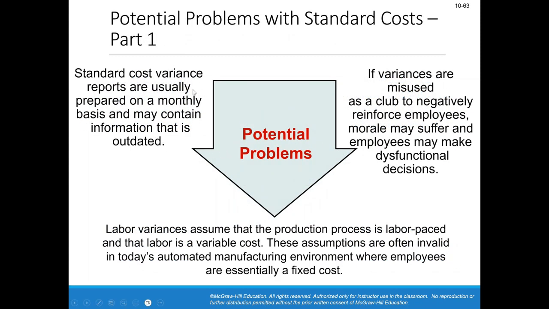Potential problems. Cost variance reports are usually prepared on a monthly basis and may contain outdated information. That is certainly true. If variances are misused as a club to negatively reinforce employees, morale may suffer. Labor variances assume the production process is labor paced and that labor is a variable cost. These assumptions are often invalid in today's automatic manufacturing environment where employees are essentially a fixed cost.